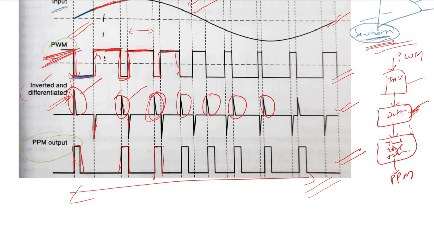So this is your pulse position modulated waveform, and that is generated with the help of pulse width modulation by passing it through an inverter, differentiator and a positive edge triggered pulse generator kind of circuit. Alright. So these were the generation methods for PWM and PPM. Next we'll have a look at the demodulation of both, how demodulation for PPM and PWM takes place.